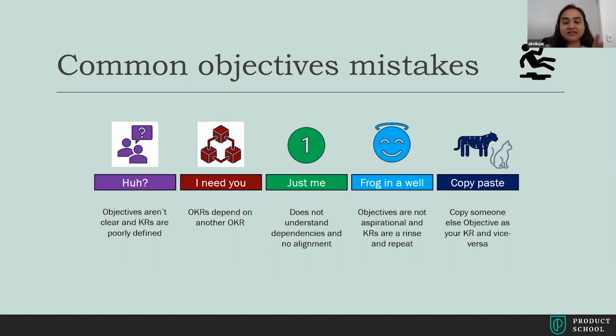You would see that the second one and the third one really go hand in hand. Do not have objectives that depend on another objective's success. What I mean by that is you do not want your objectives to show results only if another team's objectives are kicking off or only if they are performing. This is going to make you look like you're not making a lot of progress.